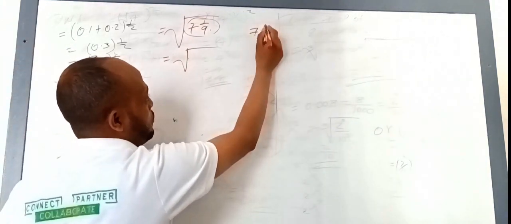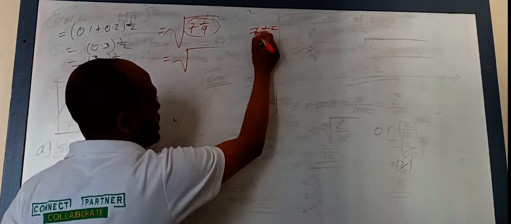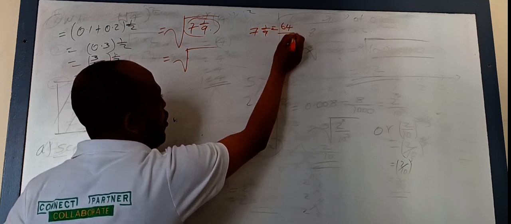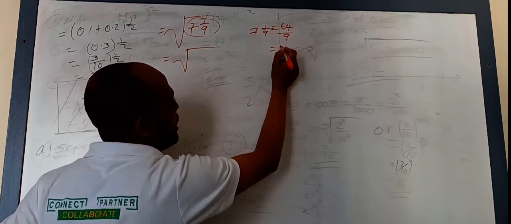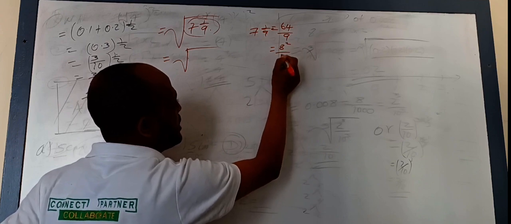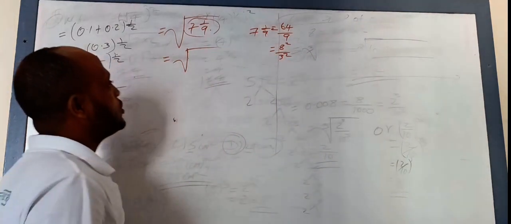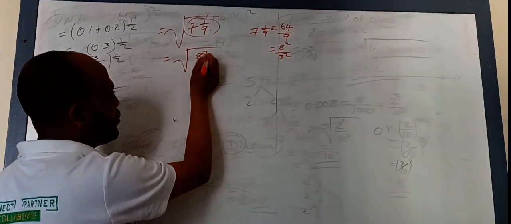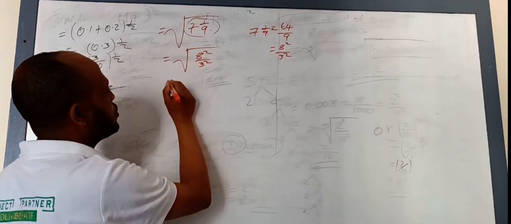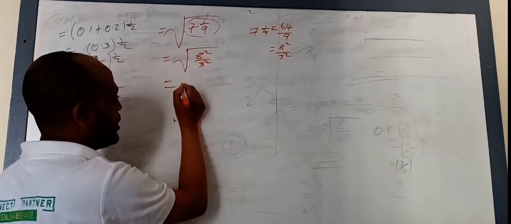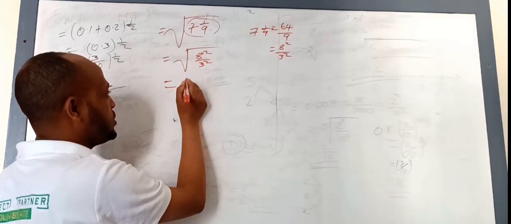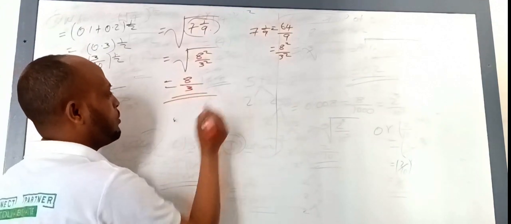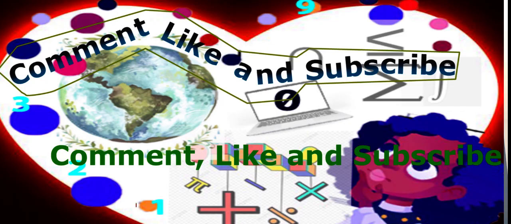So 7 and 1 over 9 is equal to 7 times 9, 63, plus 1, 64 over 9, which is equal to 8 square over 3 square. So the answer will be the square root of 8 square, which is 8, over the square root of 3 square, which is 3. So 8 over 3 is the answer.